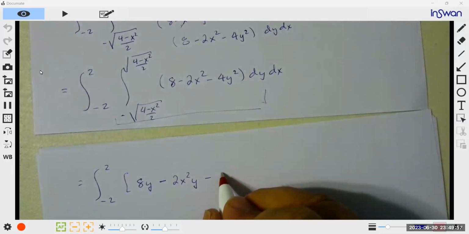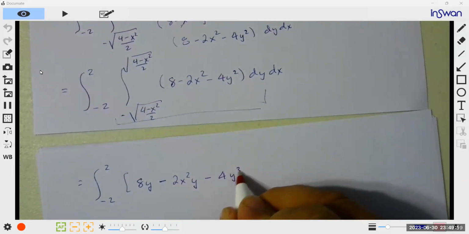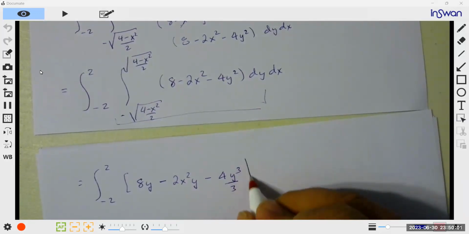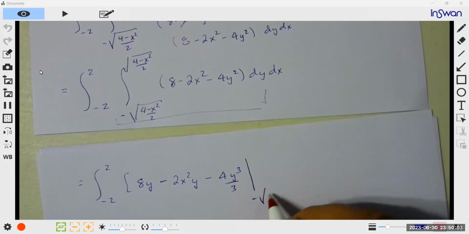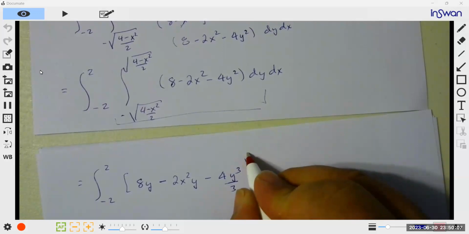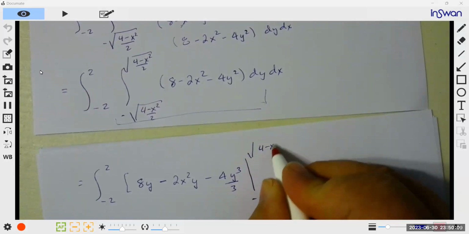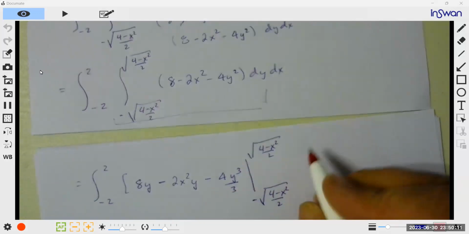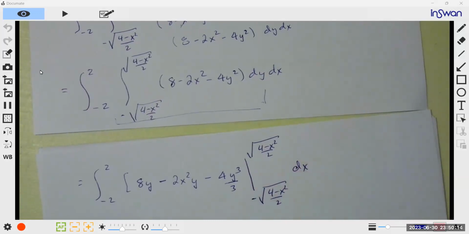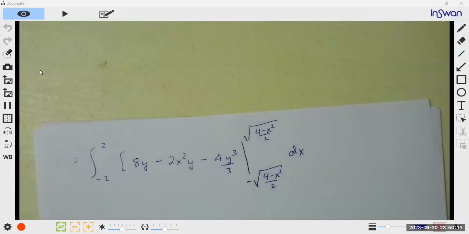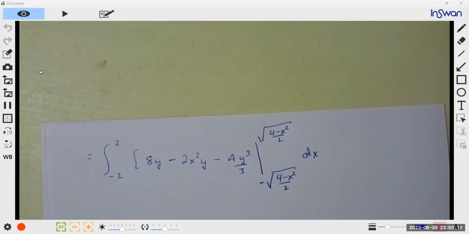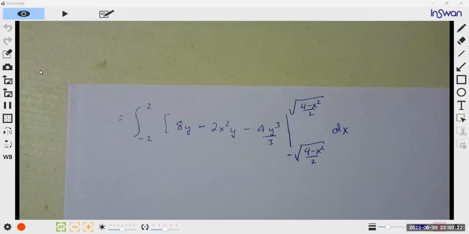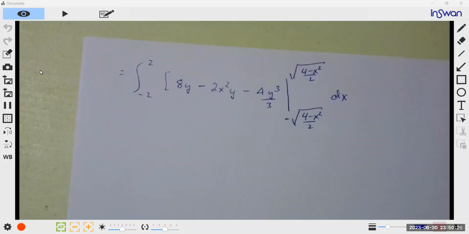And then 4y squared is 4y cubed over 3, from negative radical 4 minus x squared over 2 to radical 4 minus x squared over 2, dx.